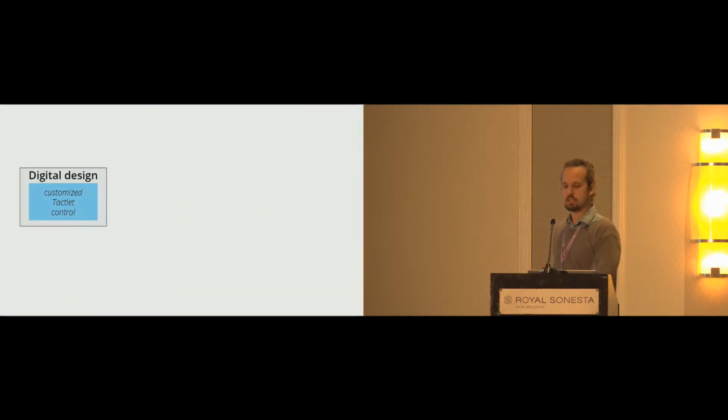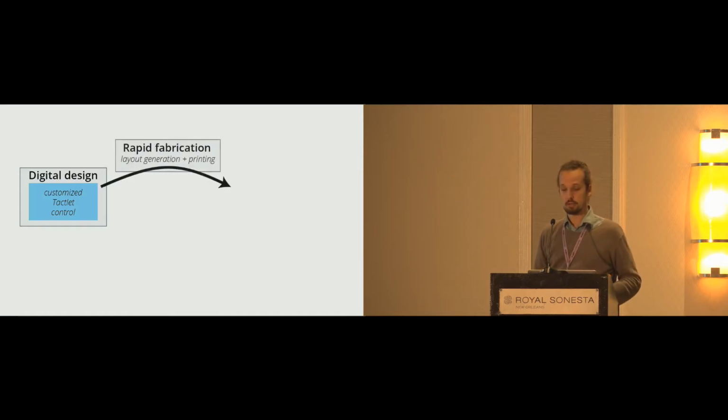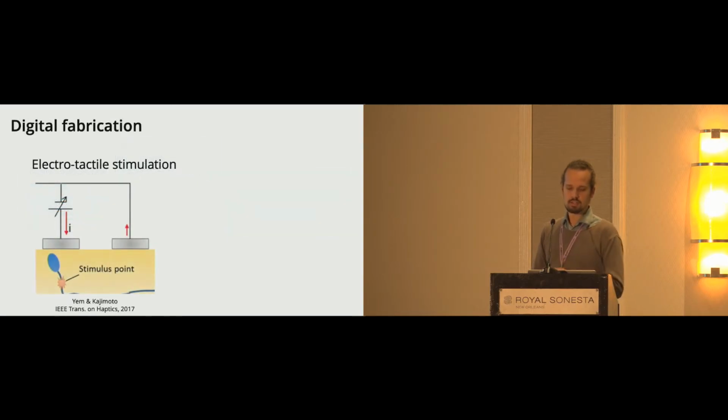So based on the digital design, we want to use digital fabrication to produce a physical prototype. We selected electro-tactile stimulation as a suitable tactile feedback technology to demonstrate our approach. Electro-tactile stimulation is based on electrodes that, when in contact with the skin, can deliver a current to excite mechanoreceptors and trigger a sensation that is roughly equivalent to a vibration.